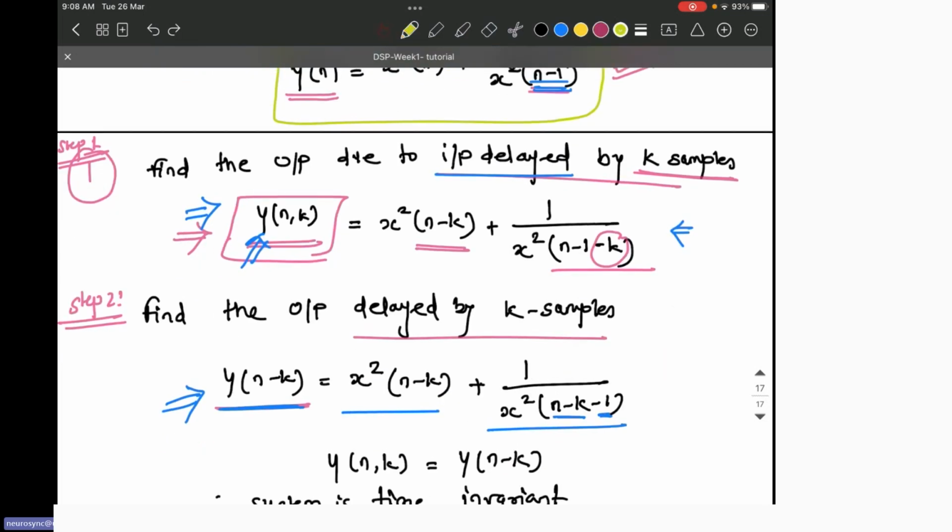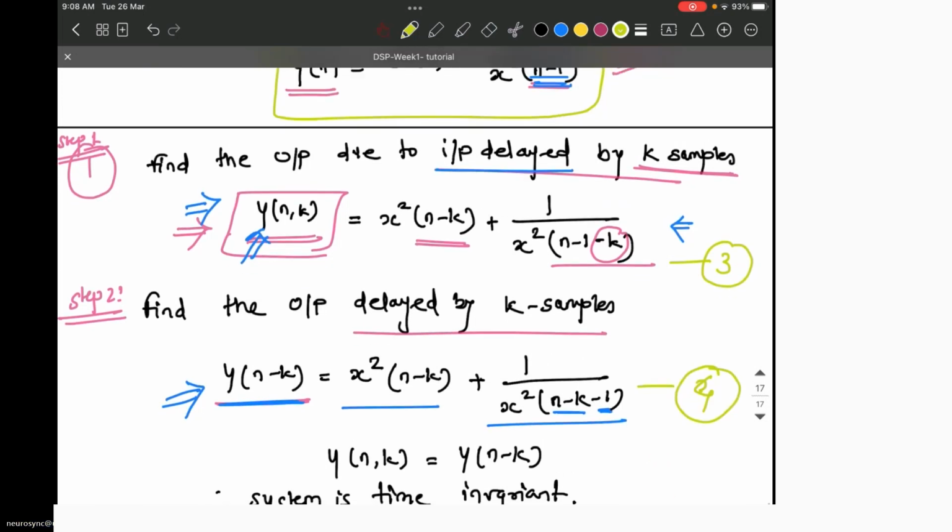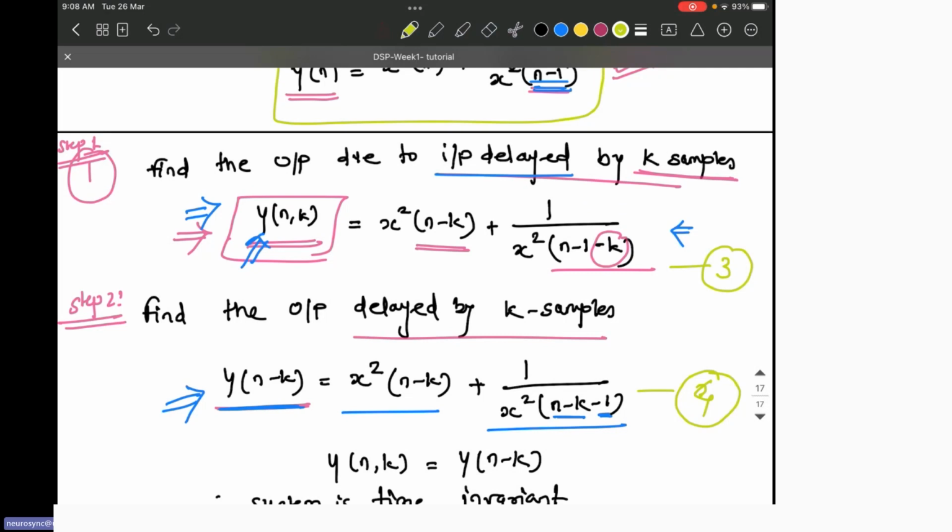Now, if you look at these two expressions, suppose I say this is 3 and this is 4. The only change you will find here is what? This is the same. But the only change, this is x square(n minus 1 minus k) and this is x square(n minus k minus 1). But these two things are the same. Therefore, expression 3 is equal to expression 4.